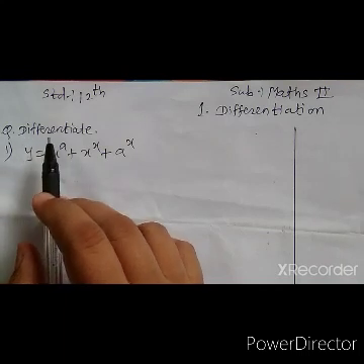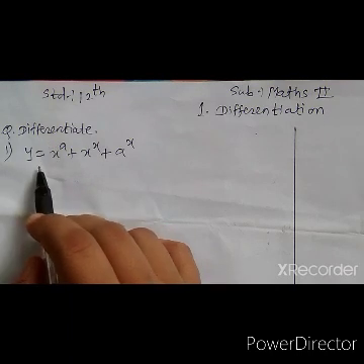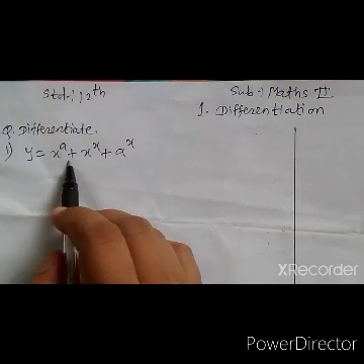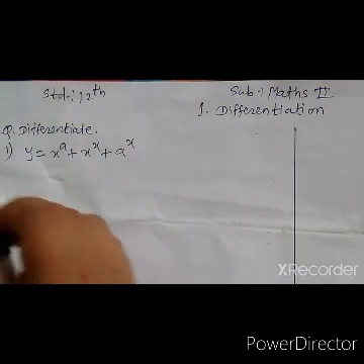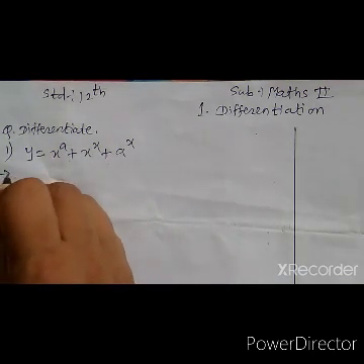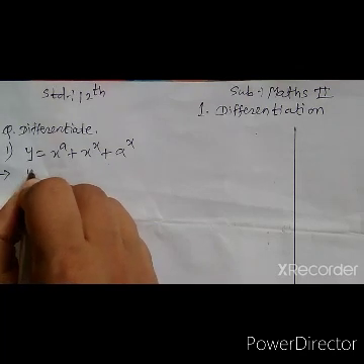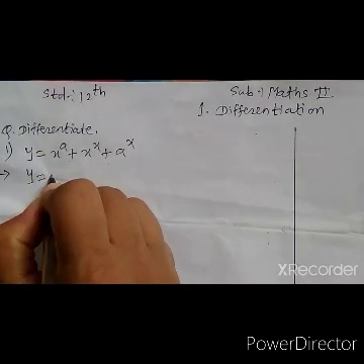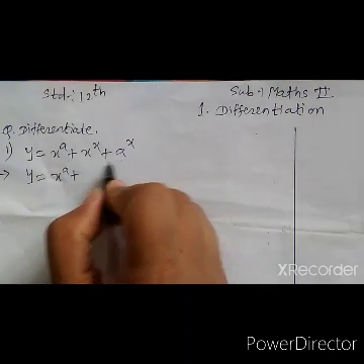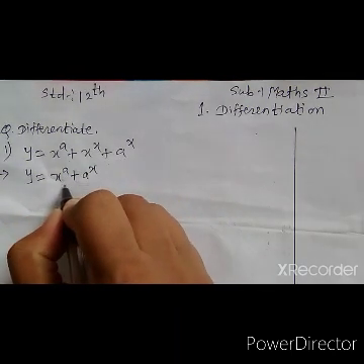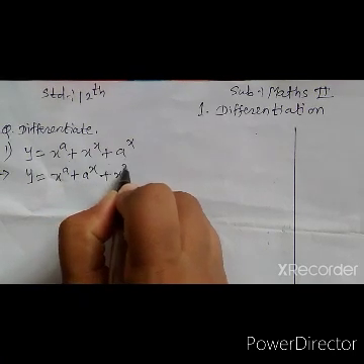Question: differentiate number 1, y is equal to x raised to a plus x raised to x plus a raised to x. So it can be written as y is equal to x raised to a plus a raised to x plus x raised to x.